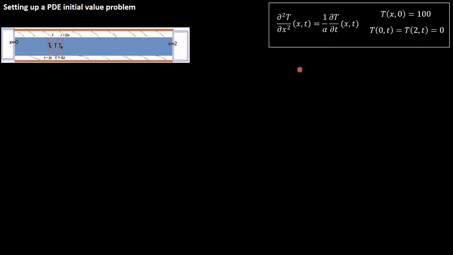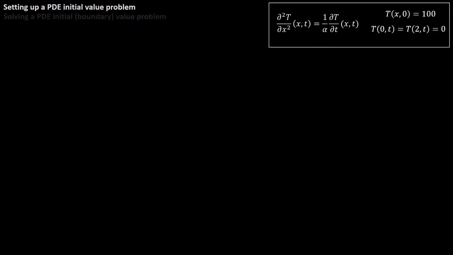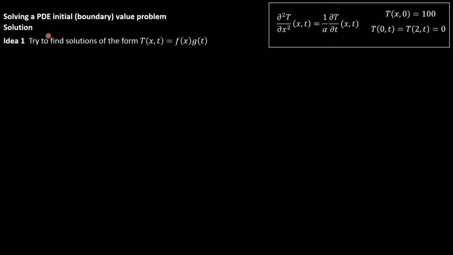So in summary, how do we do it? Well, here's an idea. The first idea, which is mostly attributed to the mathematician Fourier, is to attempt to find solutions of the form f of x times g of t.